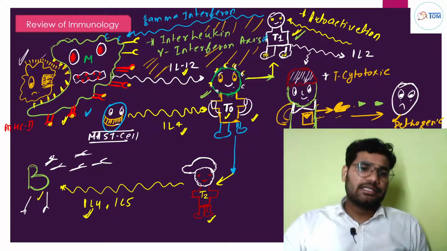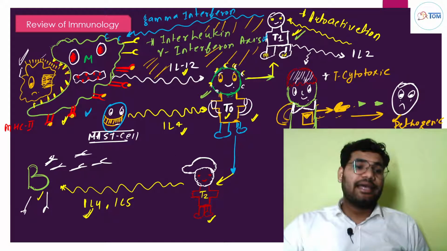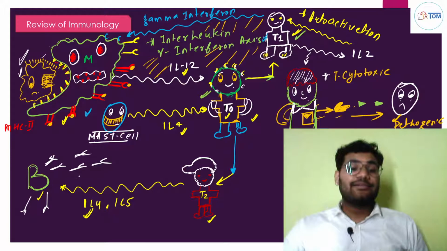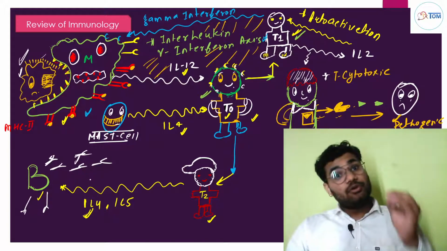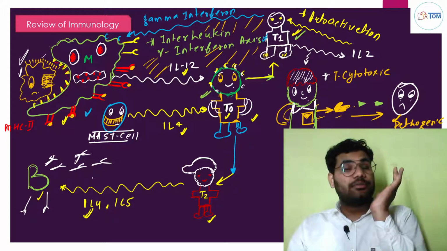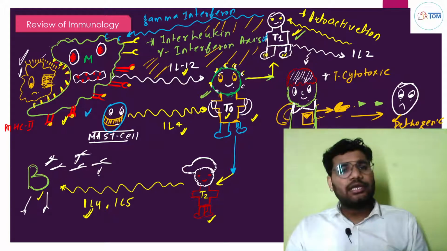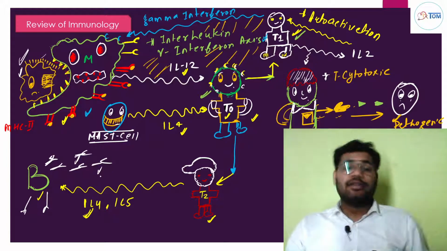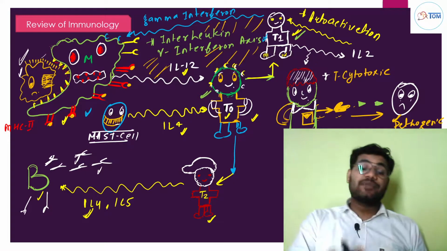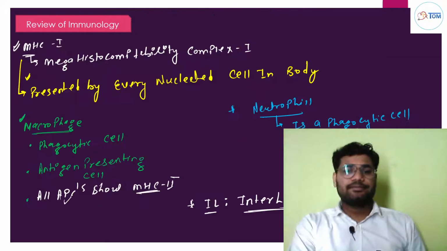Suppose it is a bacteria, and for this bacteria we have this immunoglobulin, then this immunoglobulin will act only on this bacteria. If a virus comes, then this immunoglobulin, even if it is present in the body, cannot help us. That is why it is specific. Specific means it is specific for the bacteria.